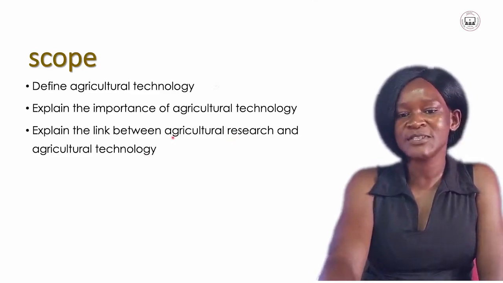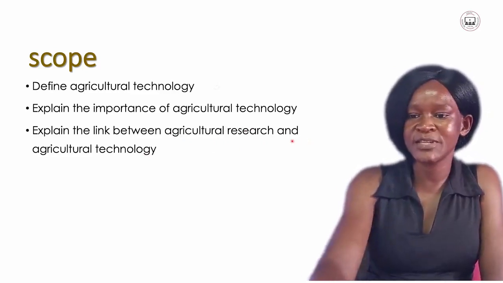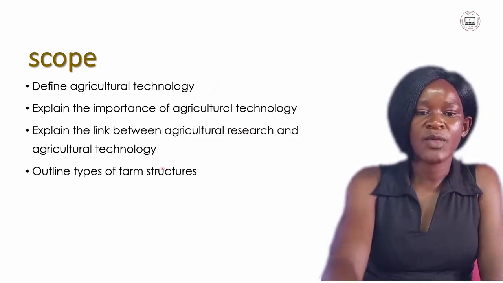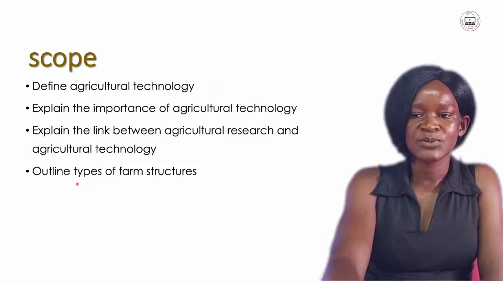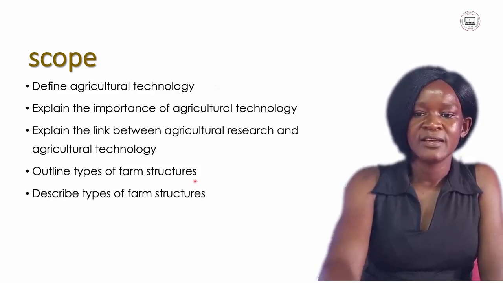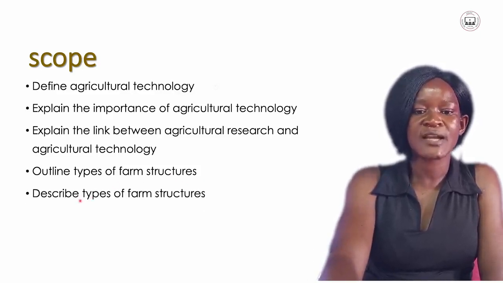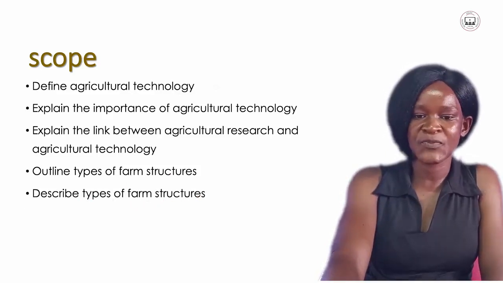So we're going to see the link between agricultural research and agricultural technology. Apart from that, we're also going to identify types of farm structures. Then it is important also to describe those types of farm structures.